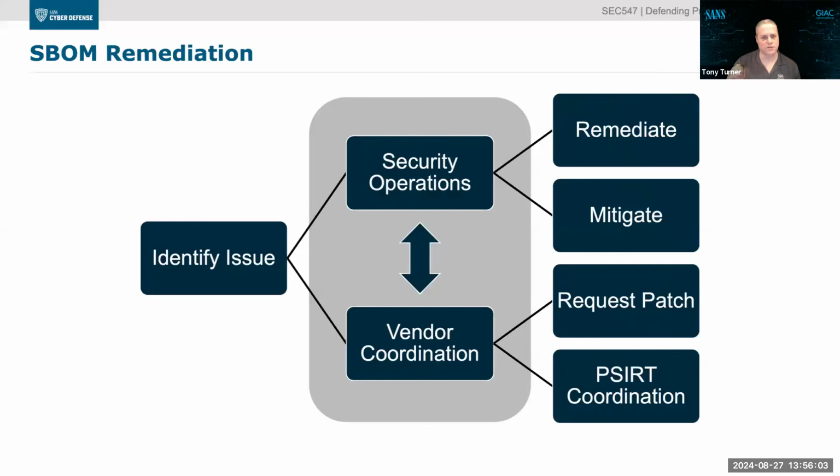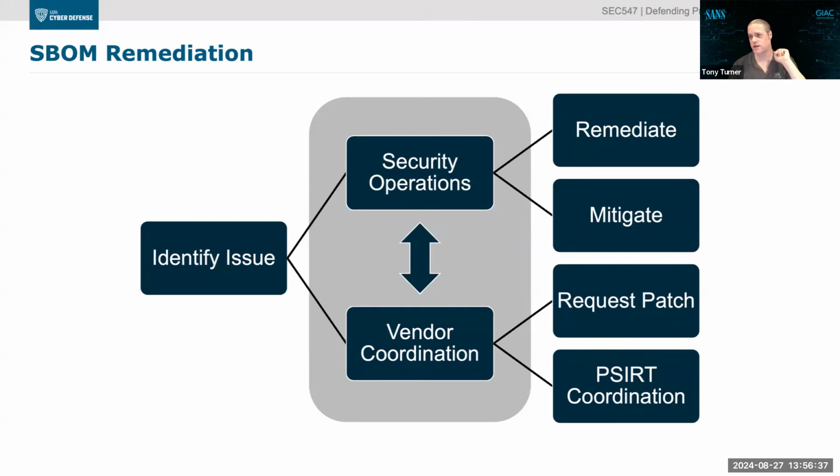Okay. And ultimately, when we identify that we need to fix something, how do we fix it? We have this bifurcation in our process, right? Security operations can go do some things. They can patch if there's a patch. They can implement a mitigating control if they have to, maybe a temporary Band-Aid. Or I may need to go beat up my supplier and say, hey, your software is vulnerable. Are you planning on releasing a patch?